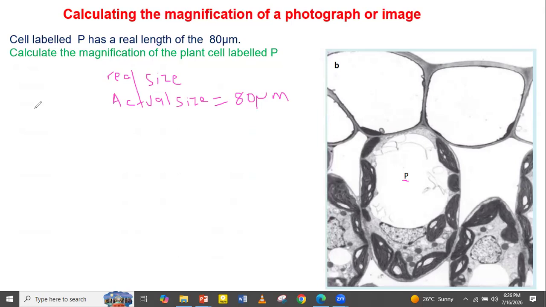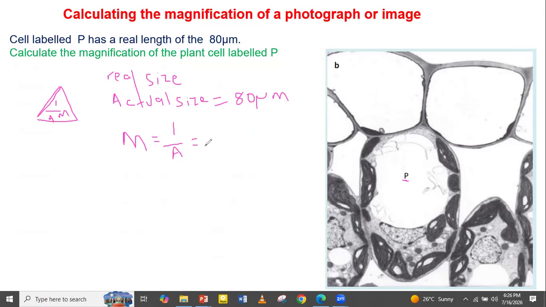I remember very well that from my formula, to get the magnification, I'm going to use image size over actual. So M is equivalent to image size over actual.